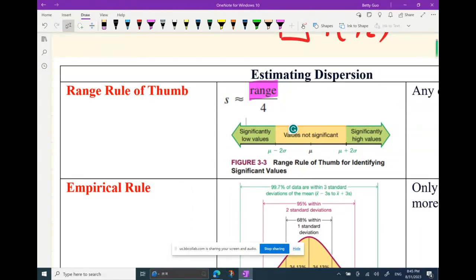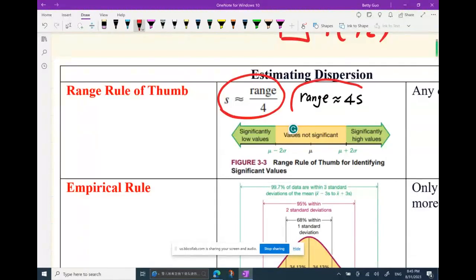Majority of values fall within 2 standard deviations of the center. So the first thing we can do by using the range rule of thumb is to estimate standard deviation by using the given range. The second thing we can do is transform this equation. Actually, it's not exactly an equation. We are able to estimate the range if we have the standard deviation given.